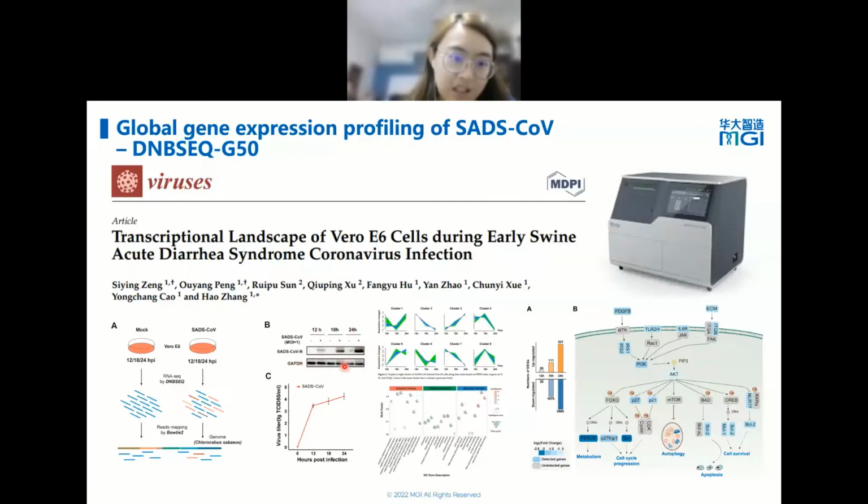GAPDH is usually the internal control for Western blot. So they sequenced the RNA of both samples, did some cluster analysis, and then tried to map out the transcriptomic landscape of this swine infection in pigs.